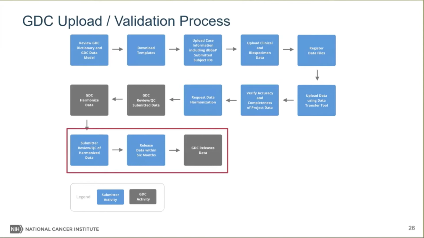Then, while the submission QC is performed, the submitter can let us know when the data is okay to release. After we get permission to release the data, and that has to be within 6 months of the harmonization completing, the data will be scheduled to be released in one of the GDC data releases.